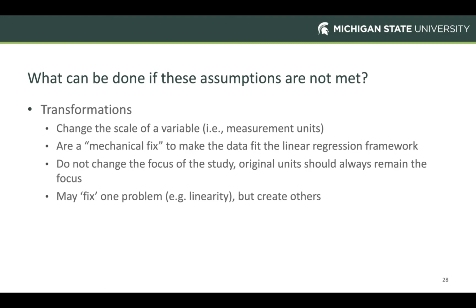I don't mean we're simply changing from inches to eighths of an inch as we did during the last lecture, which only rescaled our parameter estimates. What we're doing instead is introducing mathematical operations to either y or x to take a relationship that is, for example, not linear or not exhibiting constant variance, and fix that mechanically.